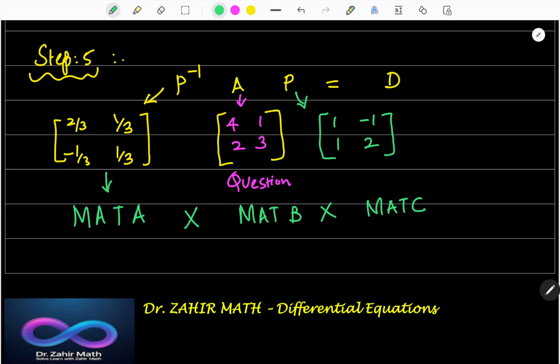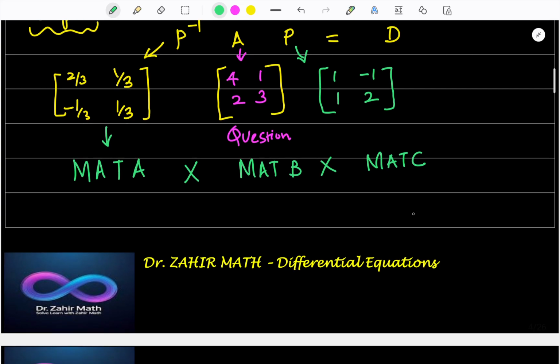Let me start: mode and then 6. Mode 6, 1, and press 5. So if you press 5, you have to give mat A. The A matrix you will give is 2 divided by 3, 1 divided by 3, minus 1 divided by 3, and 1 divided by 3.